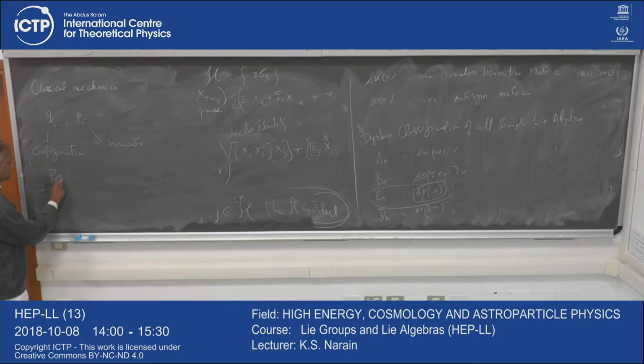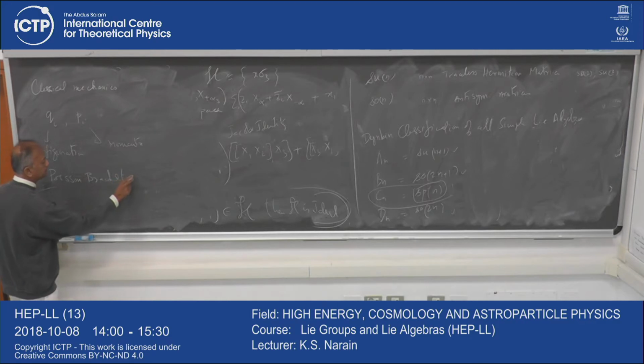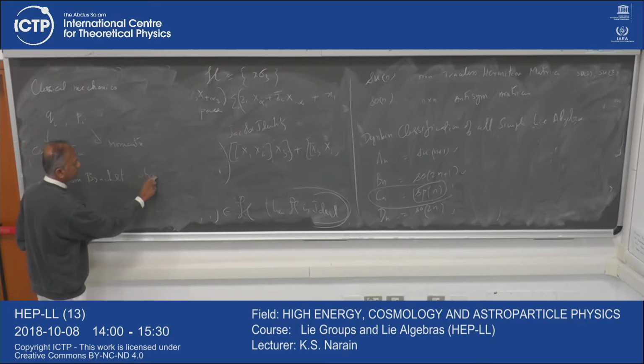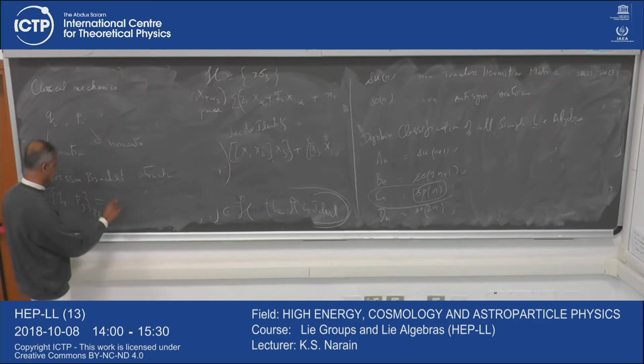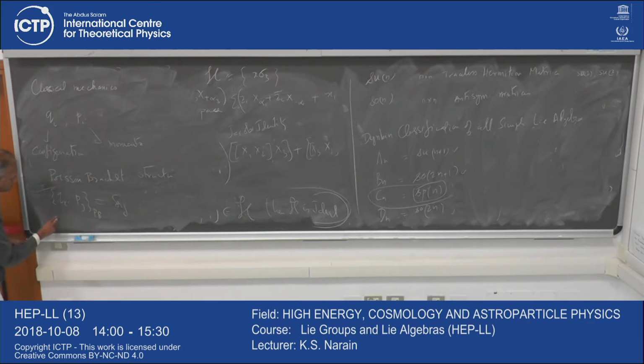Then there is a Poisson bracket structure, which basically says the Poisson bracket of qi and pj is delta ij, and it depends on the convention, and the opposite one, pi with qj, is minus delta ij.